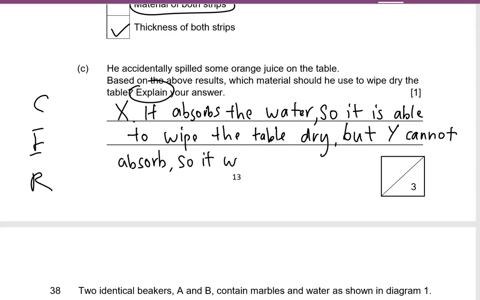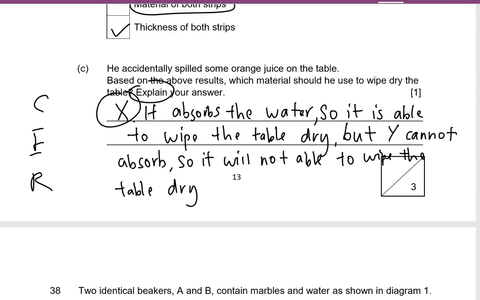So it will not be able to wipe the table dry. Just be a little careful because you are given two choices, you justify both. Why this one is a better one, why the other one is not. So you talk about X, you talk about Y as well.